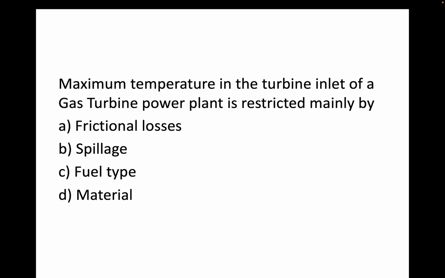But remember that this very high temperature gas is going to impinge onto the turbine blades. It is also going to be faced by the combustor walls. So it is the material of the combustion chamber walls and the material of the turbine blades that matters. That is what restricts how much temperature you can actually achieve.